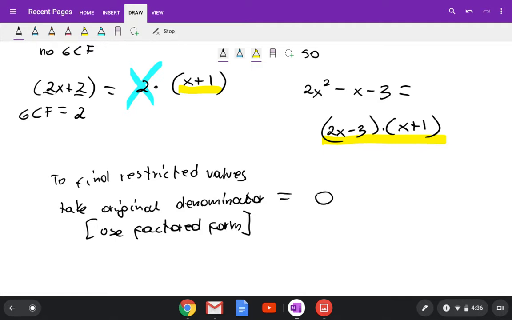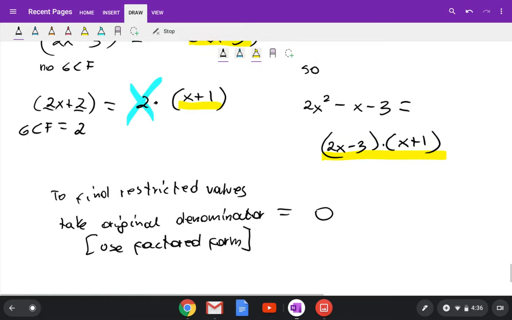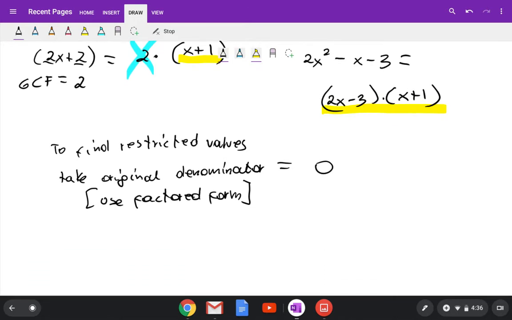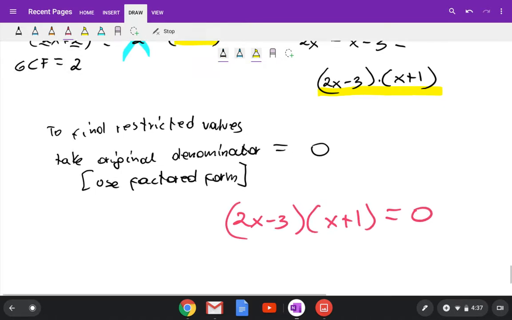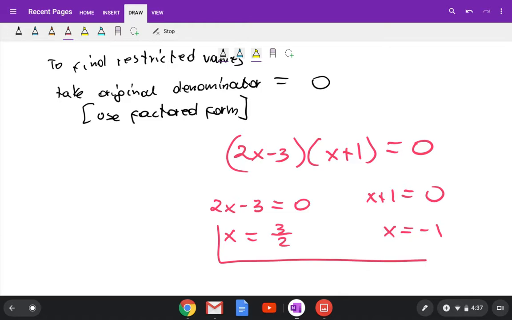And make it equal 0. So our original denominator, which was 2x squared minus x minus 3, when we factor, we end up with 2x minus 3 times x plus 1, make it equal 0. Solve two equations, and you will end up with x equal 3 over 2 and x equal negative 1. Those are the restricted values.